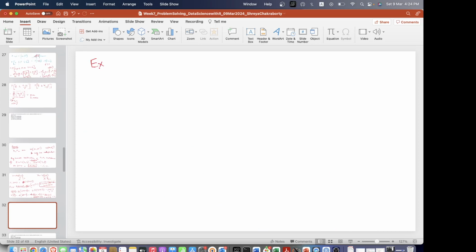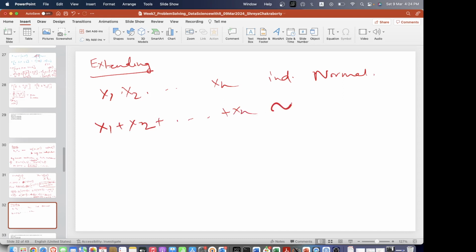Extending this result, if we have x1, x2, up to xn independent normal variables, where each xi follows a normal distribution with mean mu and variance sigma square, then x1 plus x2 plus up to xn will also follow a normal distribution.